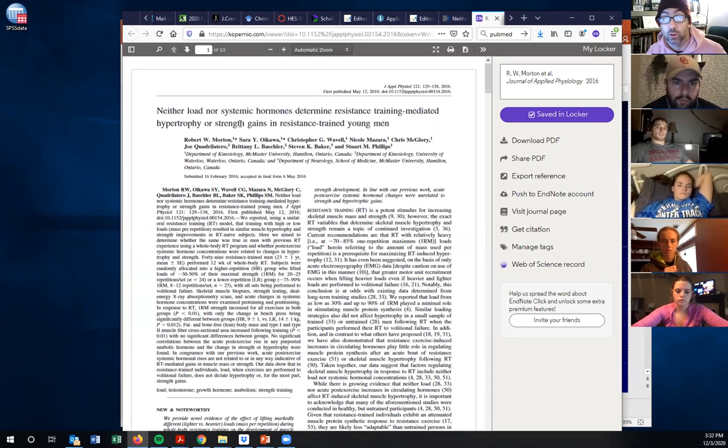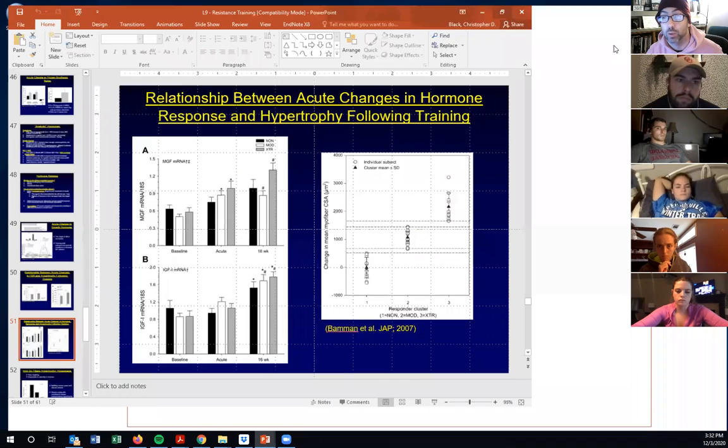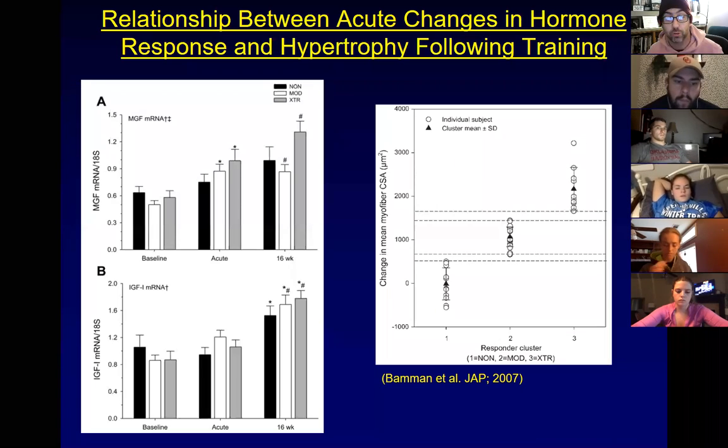And they found that neither load nor hormones determined the amount of hypertrophy or strength gains that people got. This has since been repeated in a couple of other instances and a couple of other different kinds of experiments. Some people don't love the model that they use to train people to get at all of this, but there is some evidence on both sides of all of this. That's kind of what I want to highlight for you guys.